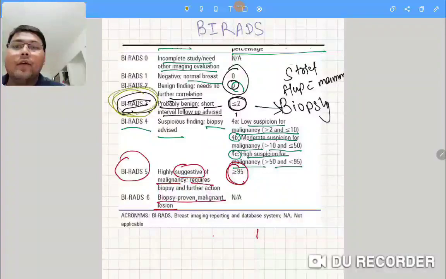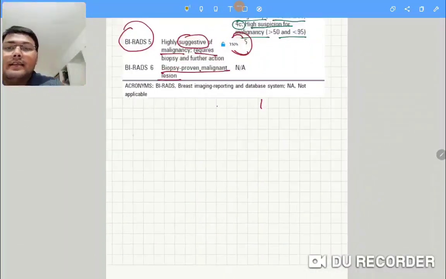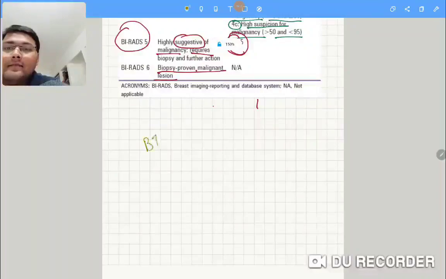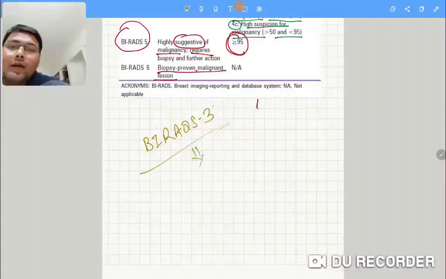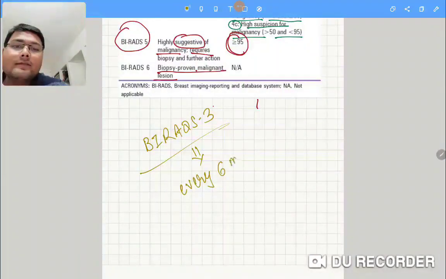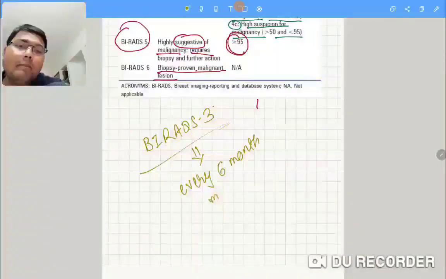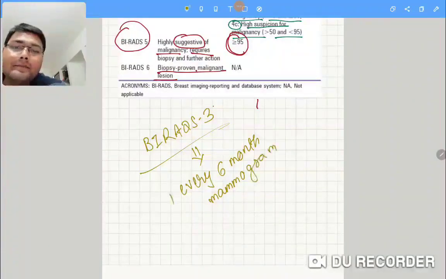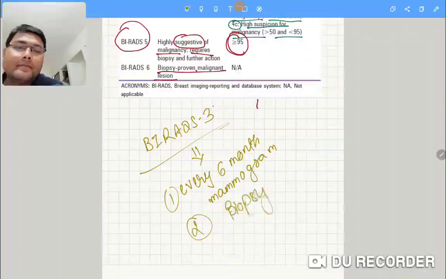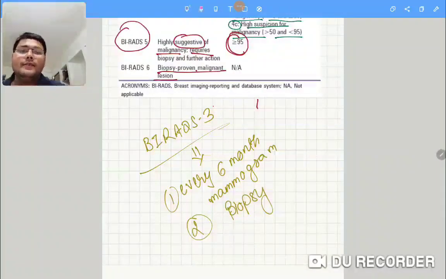If there is a BI-RADS 3, you should advise the patient a mammogram every 6 months, and you should go for a biopsy, right?